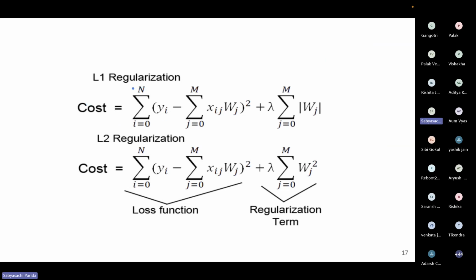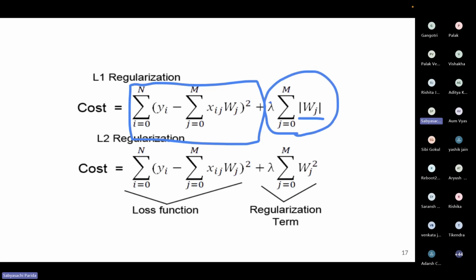So this was my original loss function, the mean square error or the sum of square error, the sum of (yi minus yi cap). Along with that, I'm adding the absolute sum of the coefficients multiplied by a factor called lambda. This is known as L1 regularization.